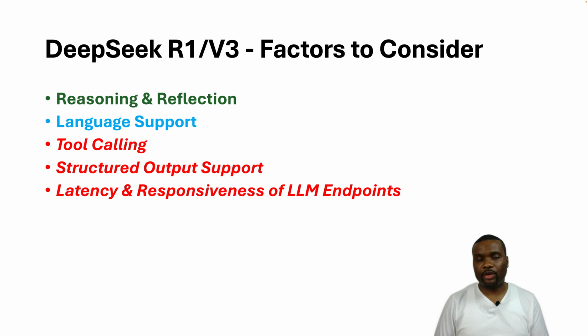So if you have this kind of scenario and you're using maybe a remote endpoint or a service provider for DeepSeek that is kind of overwhelmed because of the popularity of the system, then you might end up with scenarios where the system is not responsive enough to support your use case, and your users might end up either frustrated, or the application might end up timing out because the endpoint is not able to respond appropriately within the expected SLA. So this is something that you have to pay attention to when you are deciding to go with DeepSeek, particularly if you are running your apps in Azure, but the endpoint is somewhere else, which I completely recommend against doing. Responsiveness is very important.